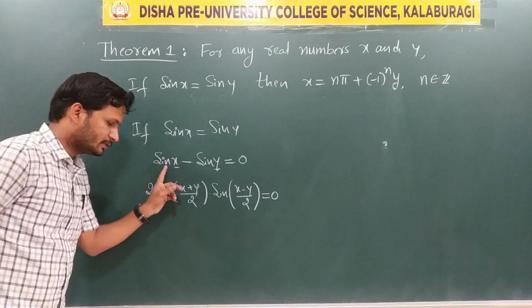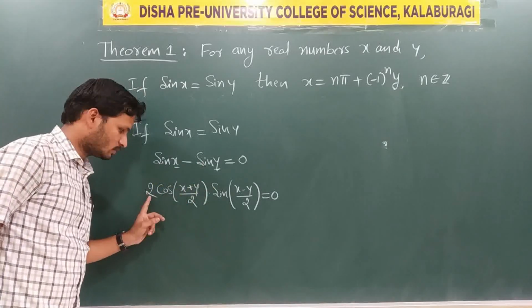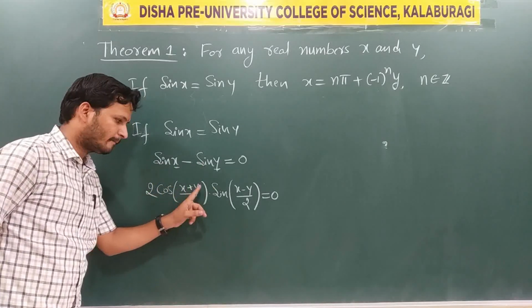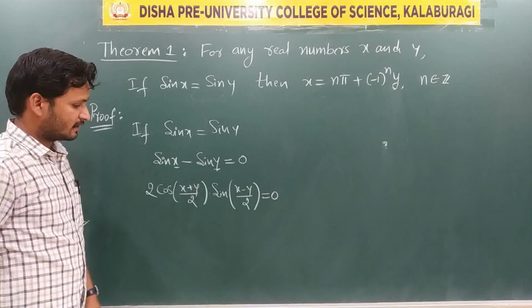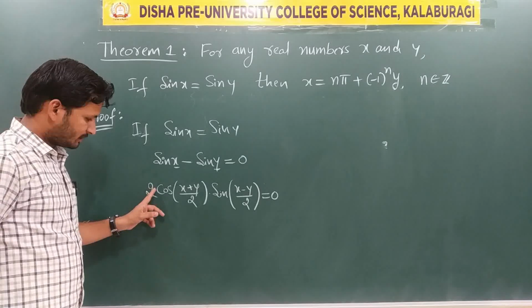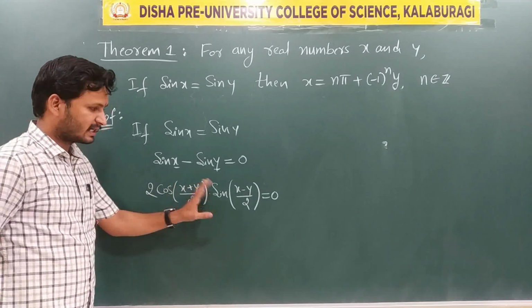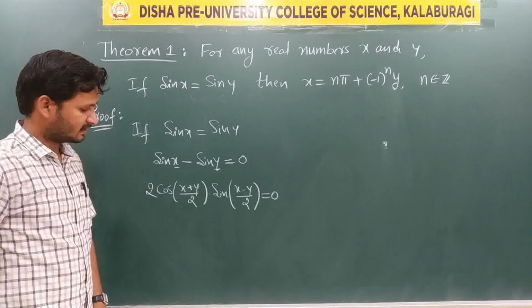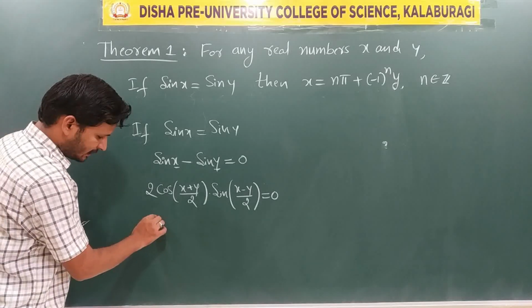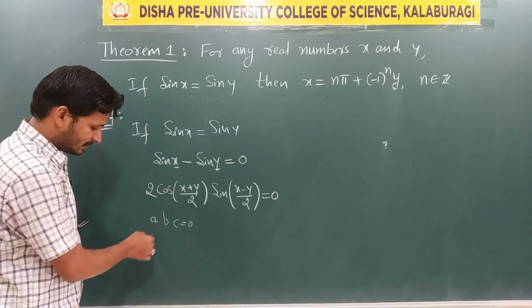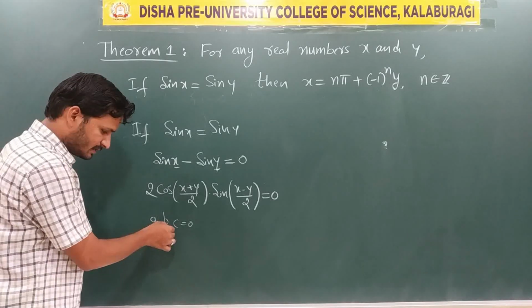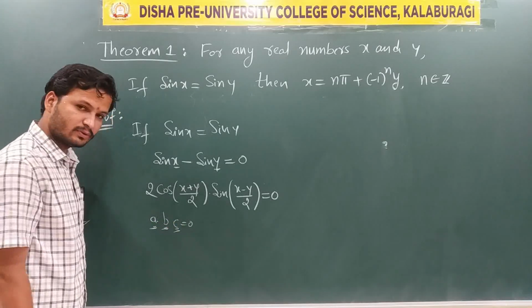Use here sin c minus sin d, that is 2 times cos of (c plus d) by 2 into sin of (c minus d) by 2 is equal to 0. And now 2 into cos function into sin function is equal to 0. That means a into b into c is equal to 0. That means either a is equal to 0 or b is equal to 0 or c is equal to 0.